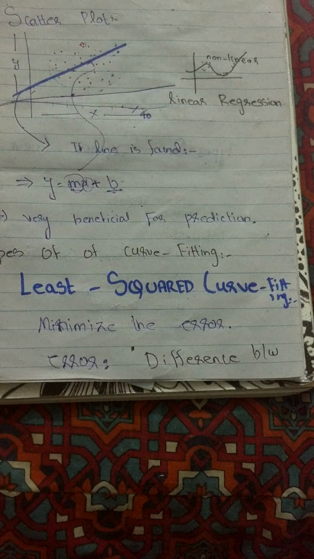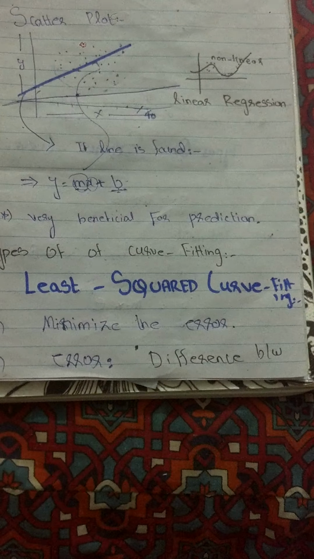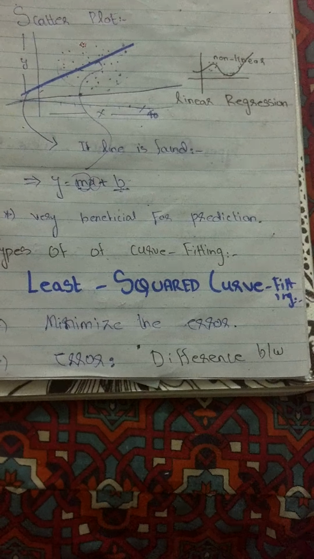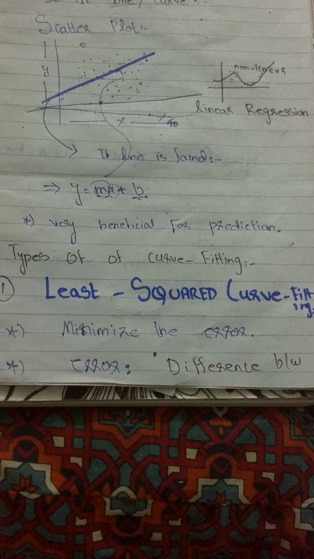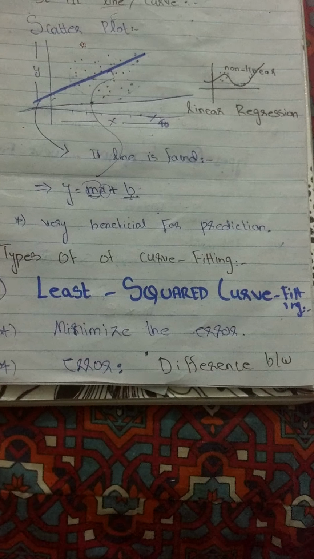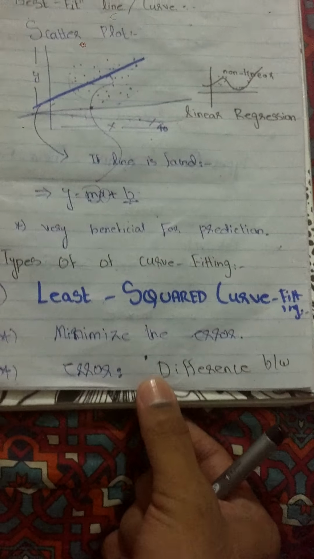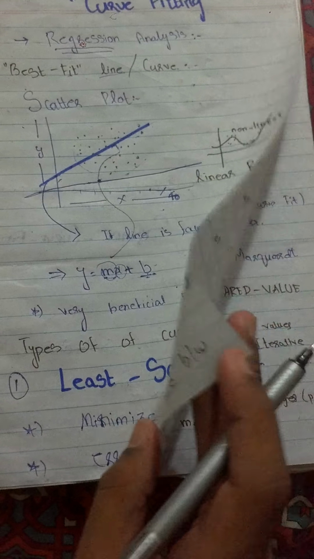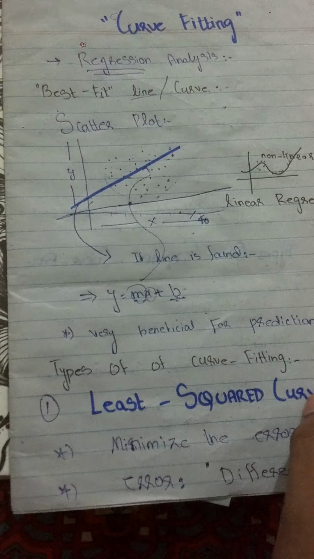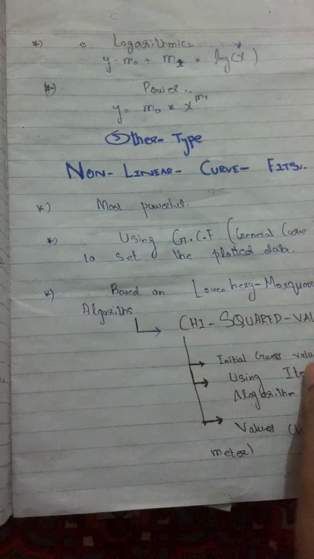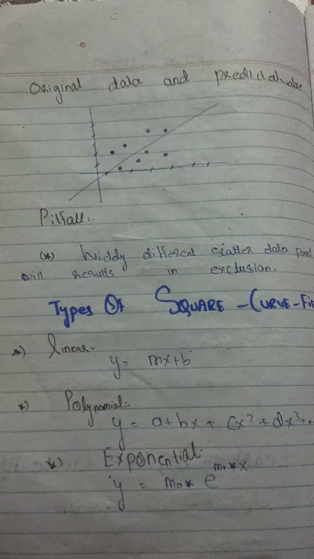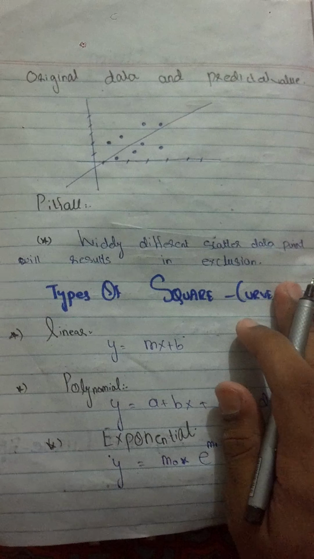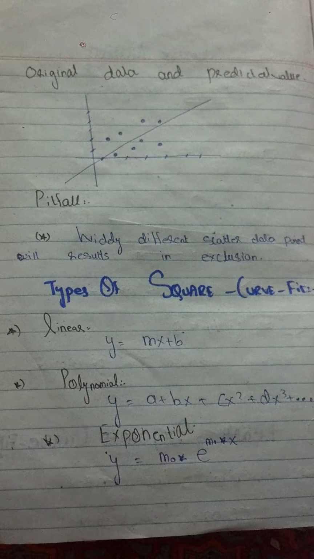What it really does is minimize the error, and it takes the error in squared form. So in regression study, what does error really mean? Error is the difference between the original value and the predicted value.